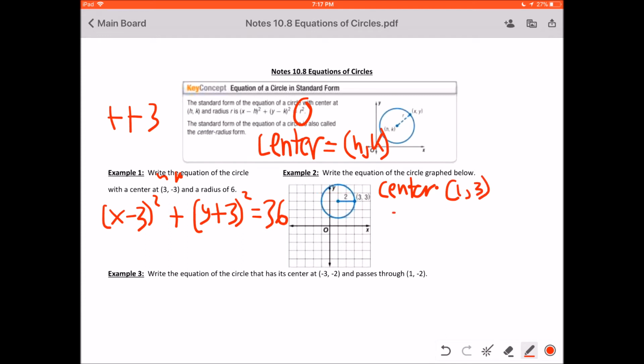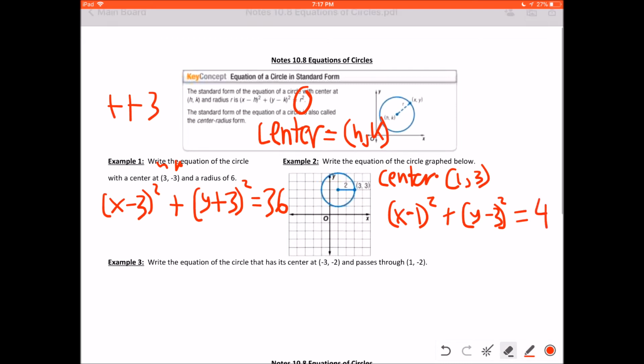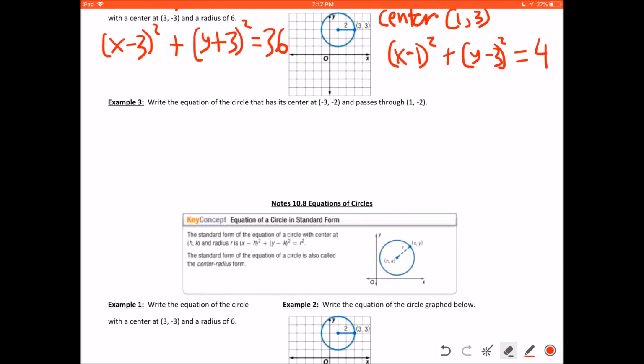So you have x minus 1 squared plus y minus 3 squared equals, the radius is 2, so you square it, and you have 4.